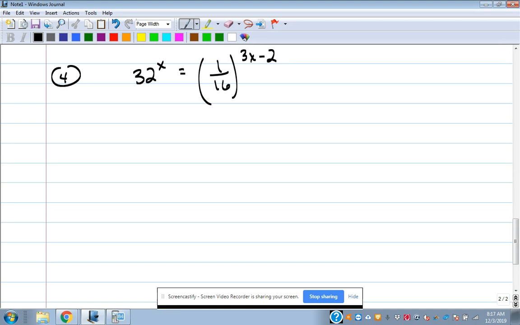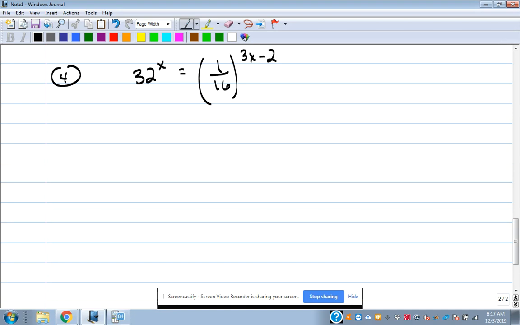Again, we're thinking exponentially, not, I guess the right word is multiplicatively, but what's the relationship between 32 and 16 exponentially? Does 4 go into 32? It does, but it's not 4 to a power, right?